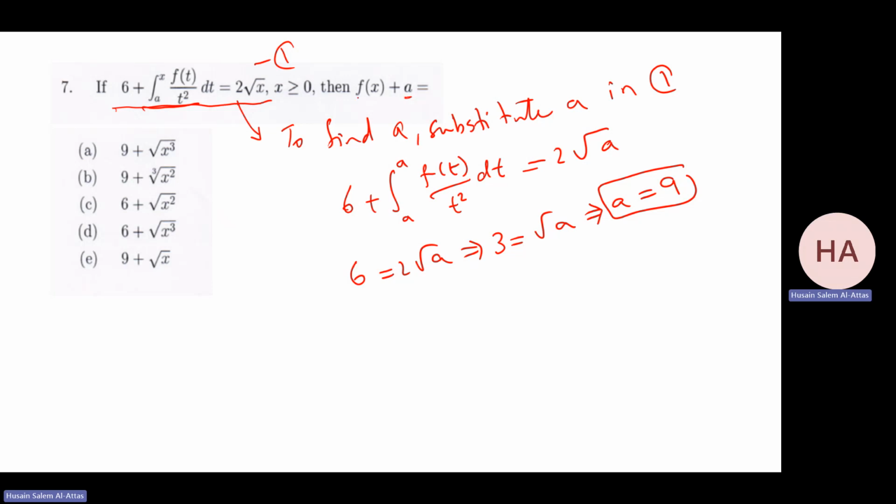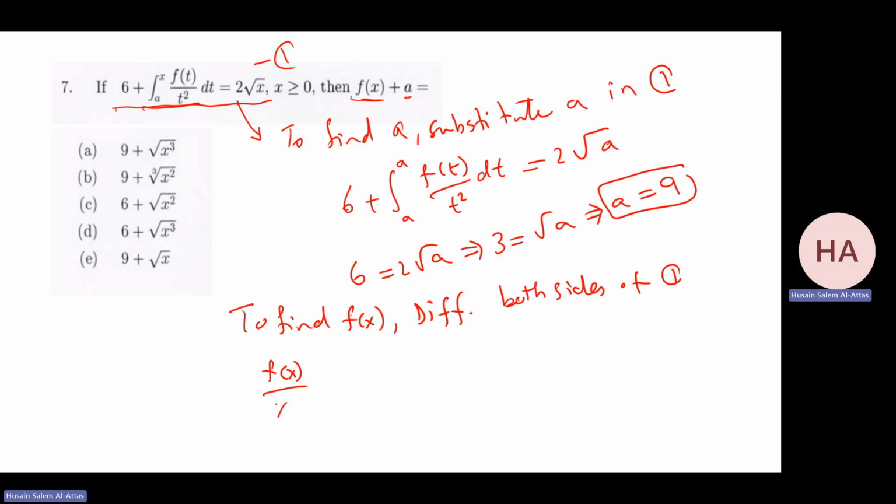Plus. How to find f of x? To find f of x, differentiate both sides of 1. What you will get? Derivative of 6, 0. This one will be f of x over x squared. That will be 2 times 1 over 2 square root of x, which is 1 over square root of x.